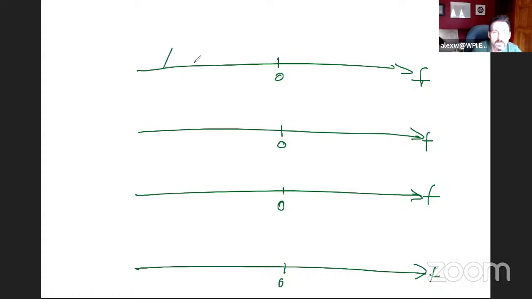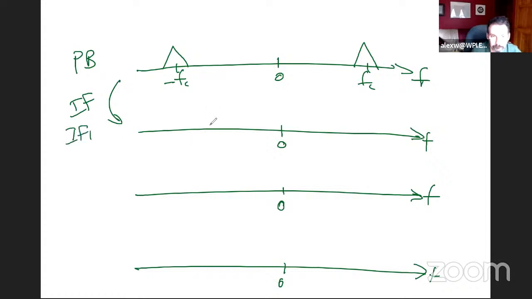Let's say this is your passband signal. What I can do is move to, let's say, IF1, right?